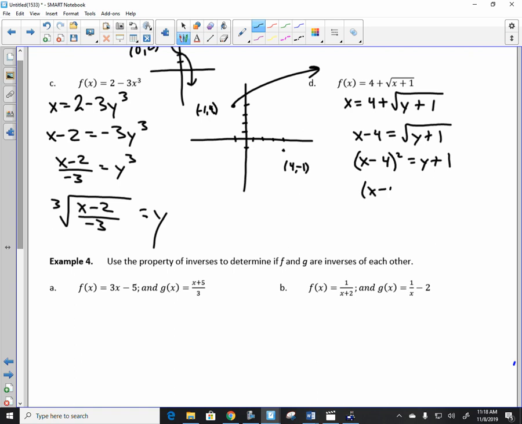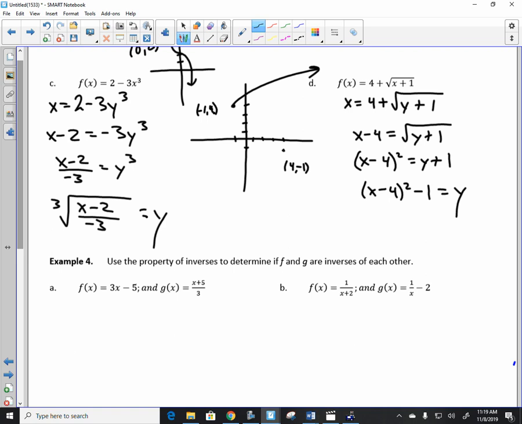X minus 4 squared minus 1 is equal to y. I left it as a parabola in vertex form because it's easy for me to identify the vertex. What's the vertex of this parabola? Four, negative 1. That's what we thought, right?